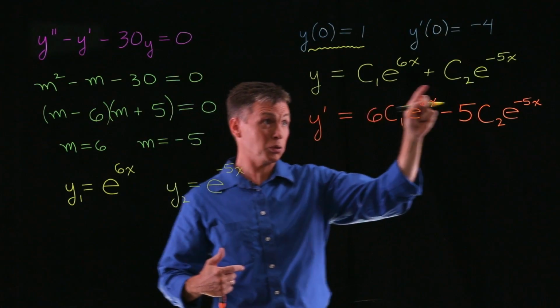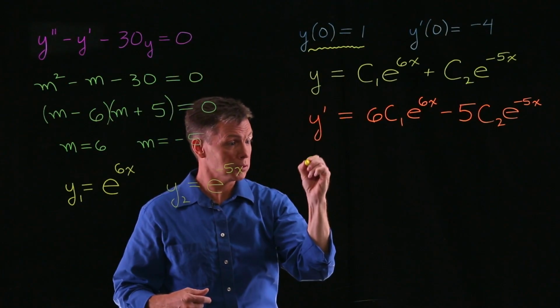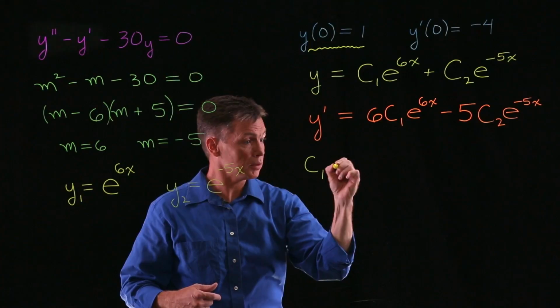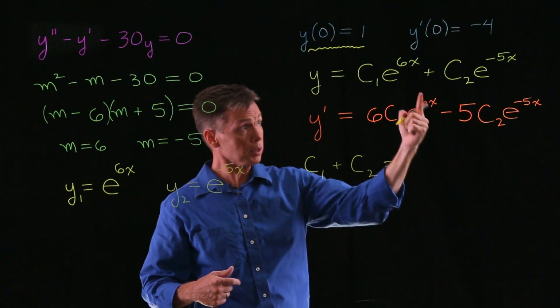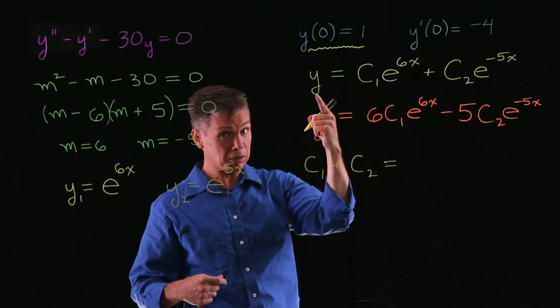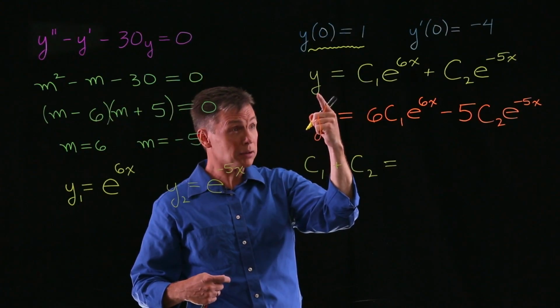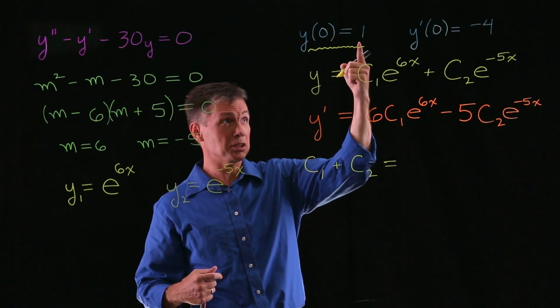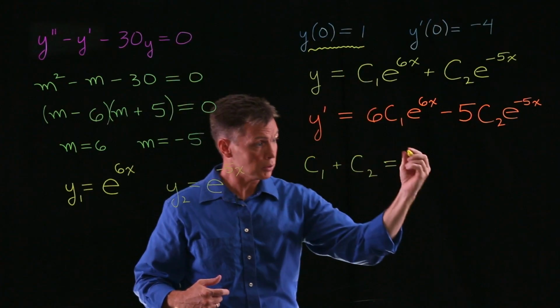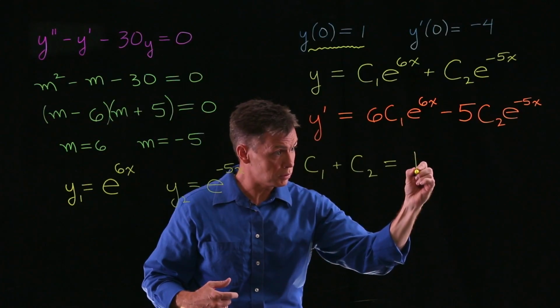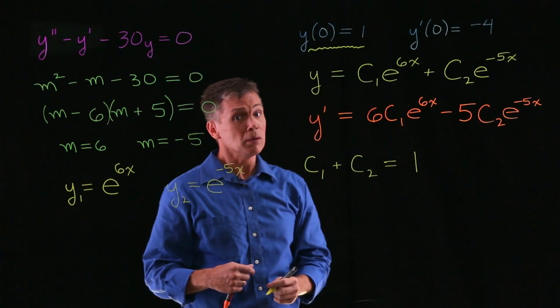So this first equation just becomes C1 plus C2 equals 1, which is the y value from your initial condition.